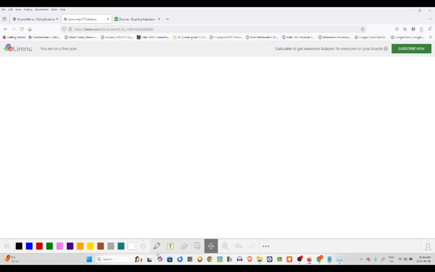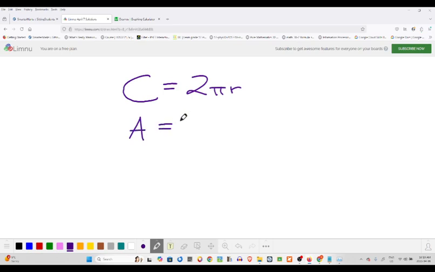So the circumference is 2 pi r, and the area is 4 pi r squared. Little trick here. Yes, we can say r is c over 2 pi, square that and multiply by the 4 pi and get the area.